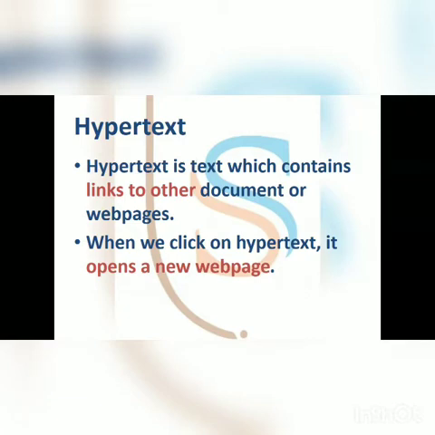When you click on that text, it will jump to another document or web page. So wherever there is a link on the text on our web page, that text is called hypertext. When we click on the hypertext, it opens a new page.